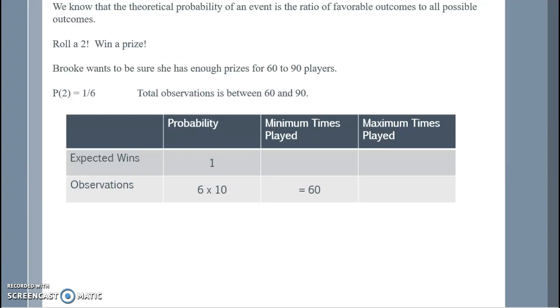Well, 6 times 10 is 60, so 1 times 10 is 10. The maximum number of plays is 90, and 6 times 15 gives us 90, so 1 times 15 is 15. Theoretically, Brooke will need between 10 and 15 prizes if there were between 60 and 90 observations.